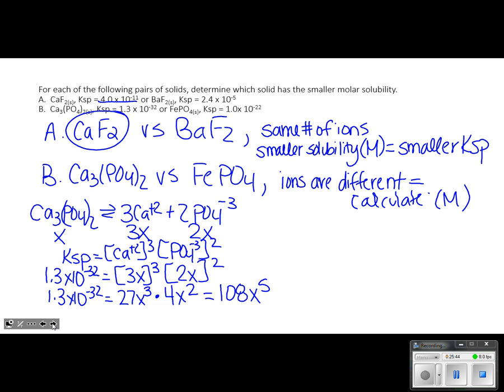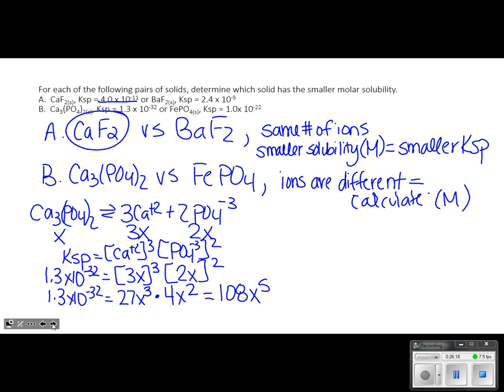So let me walk you through what you're going to do on your calculator for this. The first thing you're going to do is type in your 1.3 second exponent negative 32. Let's divide that by 108. Now, the easiest way to take your 5th root of this is type in 5, hit your math key, and then 5, and now you'll see you'll have a 5, a little x, and the radical.